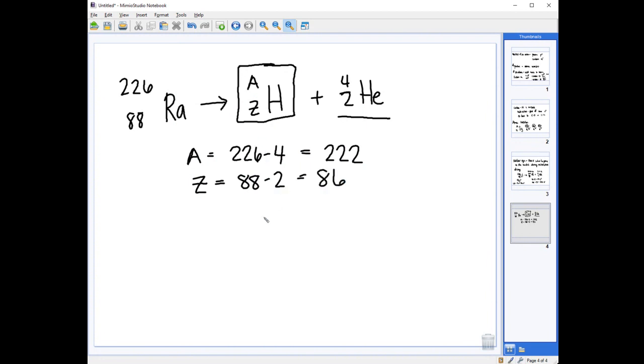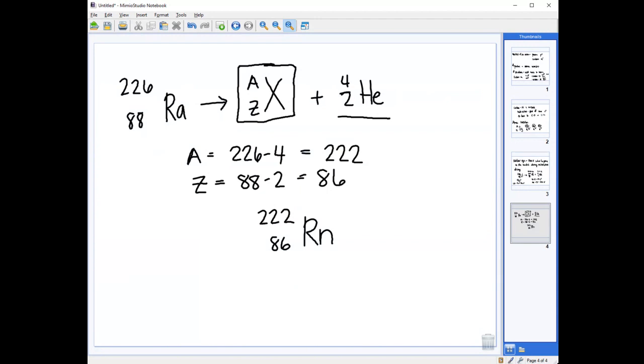So now I know that the unknown that I'm looking for here, sorry, I put an H there and I meant to put an X, has an A of 222 and a Z of 86. So now I can go to my periodic table and find element 86, which is radon, and then I plug in its symbol.